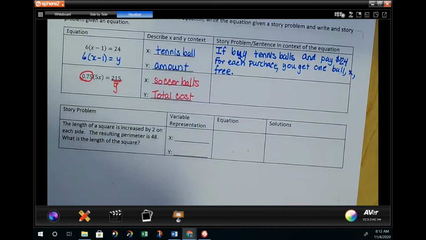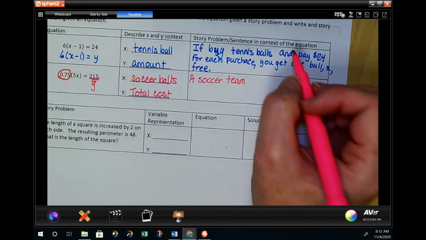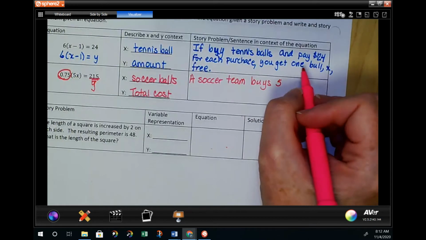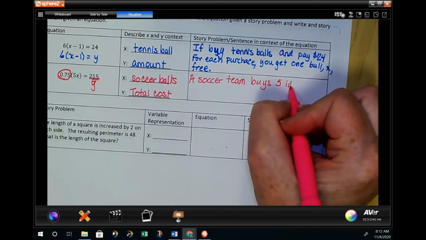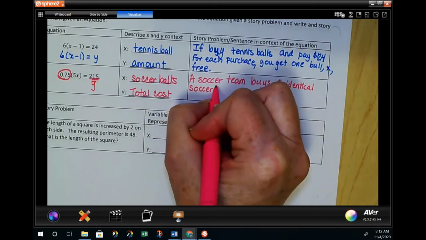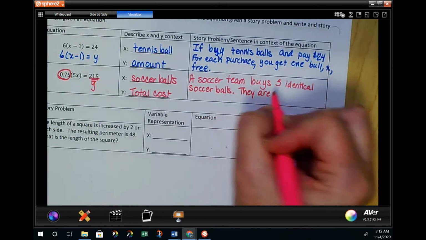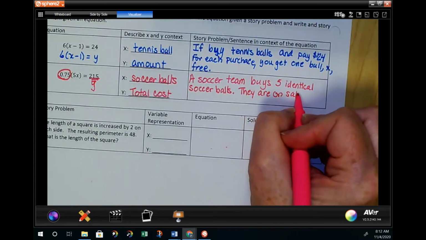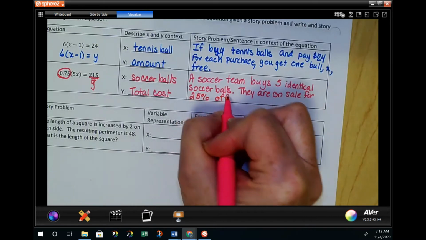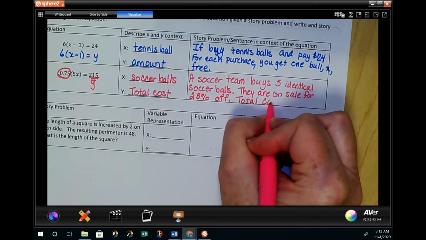So basically, a soccer team buys 5 identical soccer balls, and they are on sale for 25% off, and the total cost is $215.